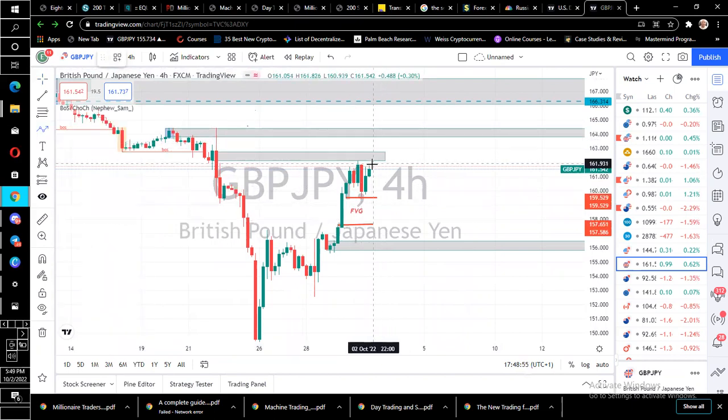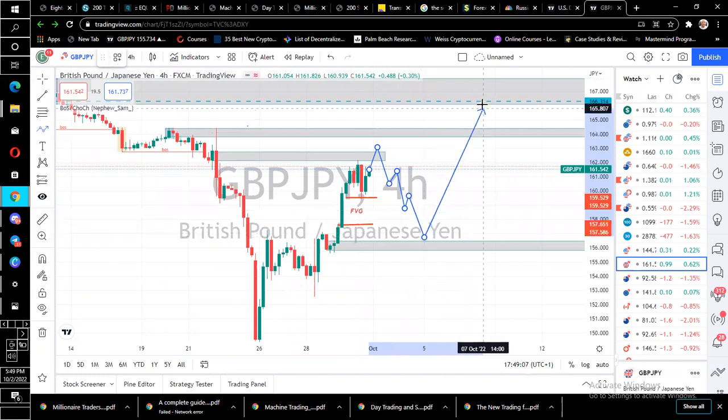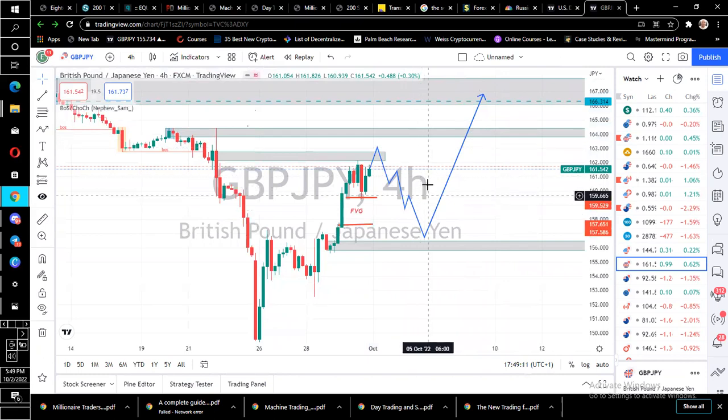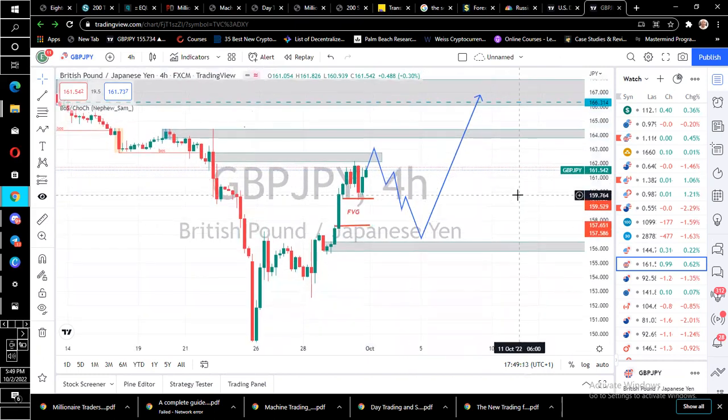The push to the upside should take away this liquidity. And then if I see them coming back down to this level here, I will still go to the upside with them. So all the bias is still to the upside. That is what I will be expecting from this particular pair.